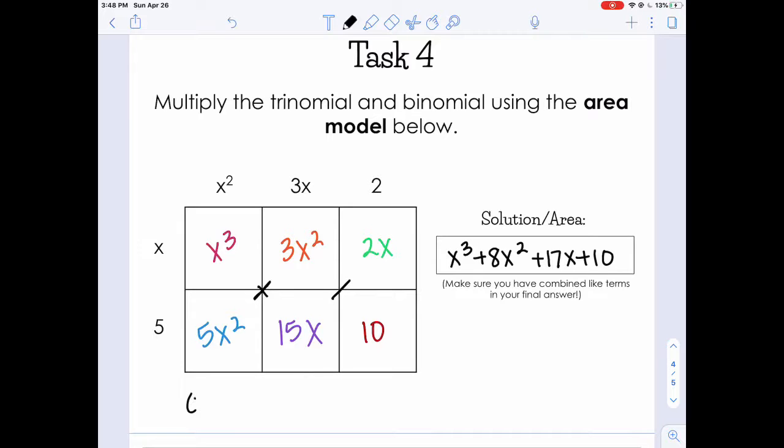So our first binomial is going to be x plus 5 times x squared plus 3x plus 2. Okay, using distribution, we're going to start by distributing the x to the x squared, giving us that x cubed. And we'll follow the same process all the way.